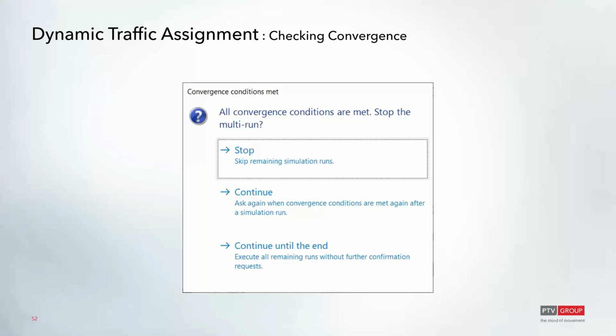And this will allow you to either stop the simulation as it is, you can also continue running until those conditions are met again, or you can just continue and complete the remainder of the simulation run and just keep running until that's all completed. So again, this window will pop up if you have that ask setting chosen within the convergence criteria window within dynamic assignment parameters.